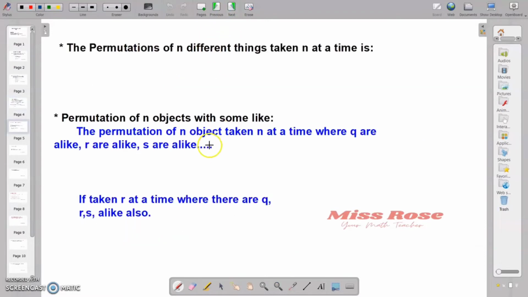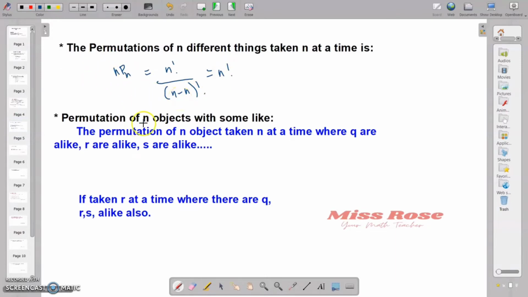Next, the permutation of n different things taking n at the same time is nPn equals n factorial over n minus n factorial, equals n factorial. That is the formula.